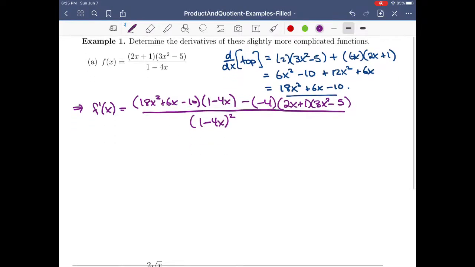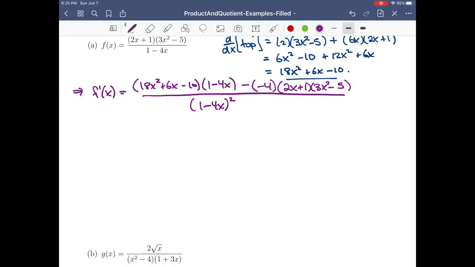Now I'm going to have to expand all this out. I have to take each of these terms and multiply it to both things in the bracket here. So I'm going to have 18x squared, minus 4 times 18 is 72.